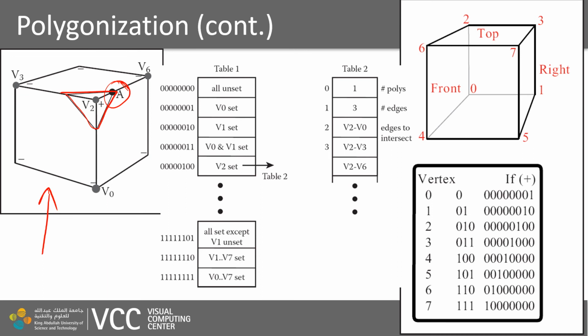Another approach is that we know what the functional value is which we are interested in. Let's say this is 0.5, and we don't know where exactly the value of 0.5 is intersecting this cube, but we know the value at V2. Let's say the value at V2 is 0.3, and V6, let's say, is 0.9.